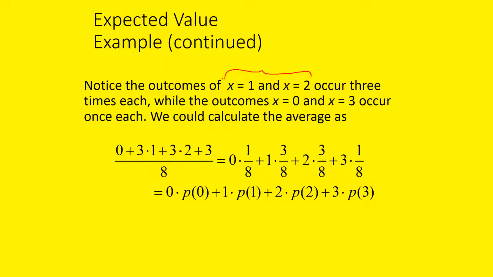This is the 0, the number of heads, times the probability of 0 heads, which is 1/8, plus number of heads 1 times the probability of just getting 1 head and 3 for 3 coins, 3/8.